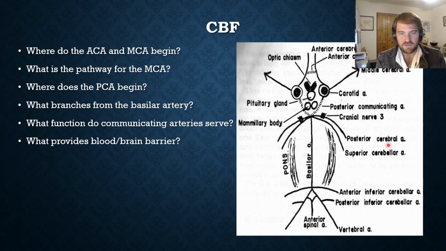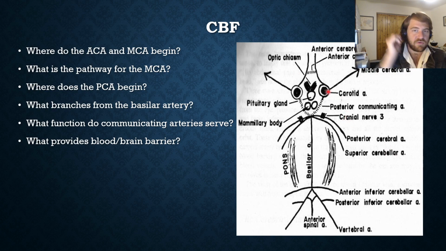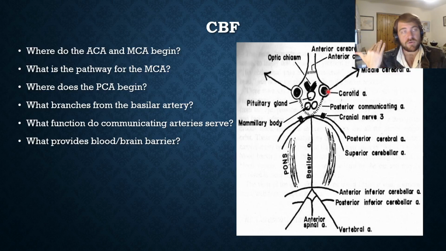Well, you should be able to answer that now. We've talked about it. They begin at the carotid artery. What is the pathway for the MCA? We didn't talk about this, but the pathway for the MCA is that it's going to come off of the carotid artery, and then it's going to move between the superior surface of the temporal lobe and the inferior surface of the parietal lobe.